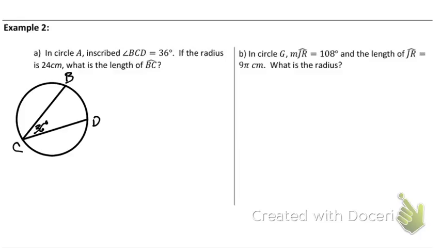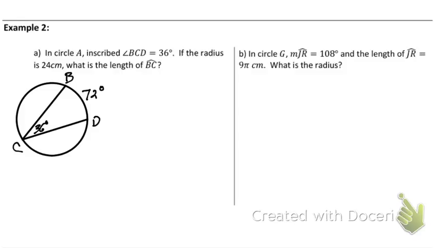And this is 36 degrees. If that is 36 degrees, what is the degree measure of the arc? Stephen? 72. Yep. So we're going to do 2 times that, which gives me 72 degrees. Cool.